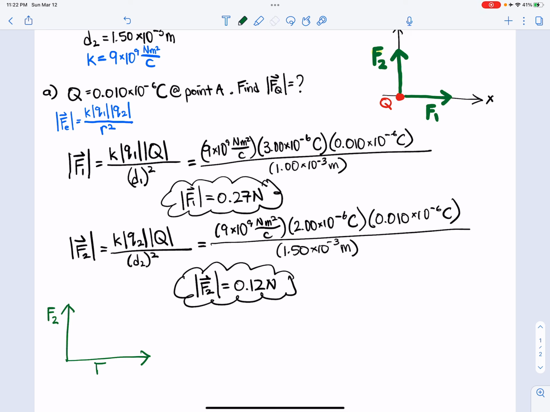Or actually, I will rewrite this as F1 is going this way, F2 is going that way, up, right? And this is 90 degrees. We'll have a total F going this way, F total, which is just going to be the hypotenuse of this right triangle, right? And that will equal the square root of F1 squared plus F2 squared, right?